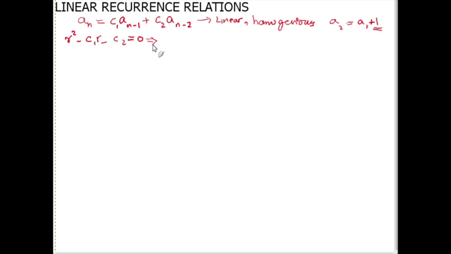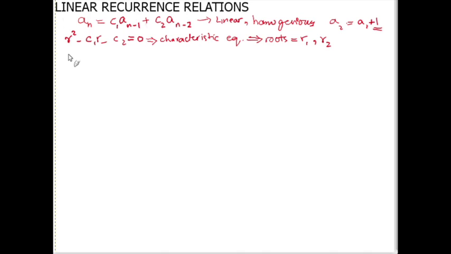This is known as the characteristic equation, and the roots of this equation are characteristic roots, but let's say they are denoted by r1 and r2. We will see there is some condition on r1 and r2 later.